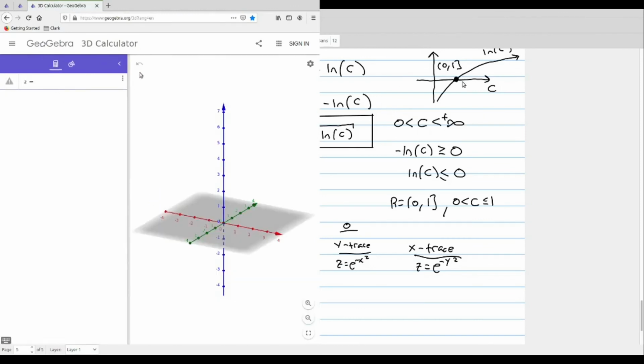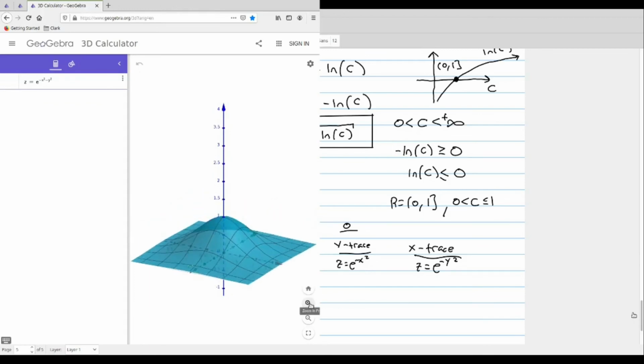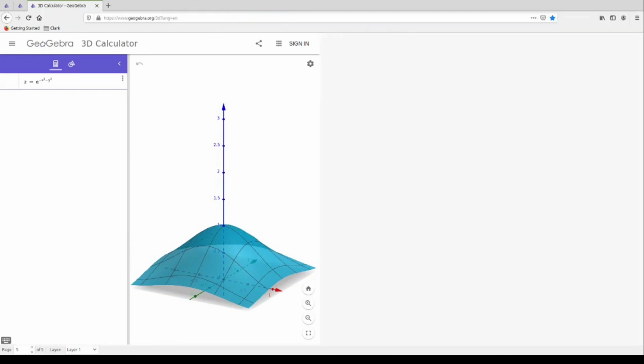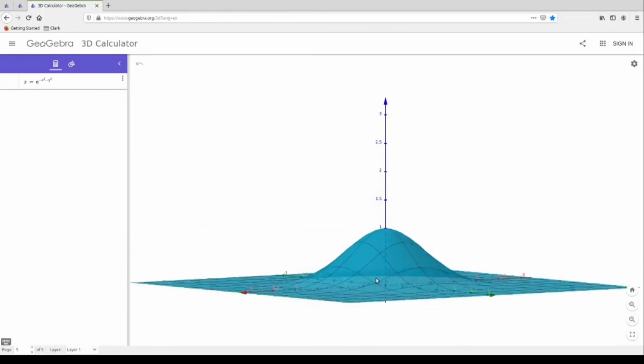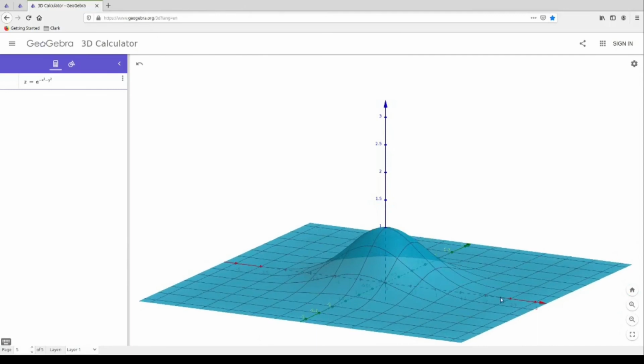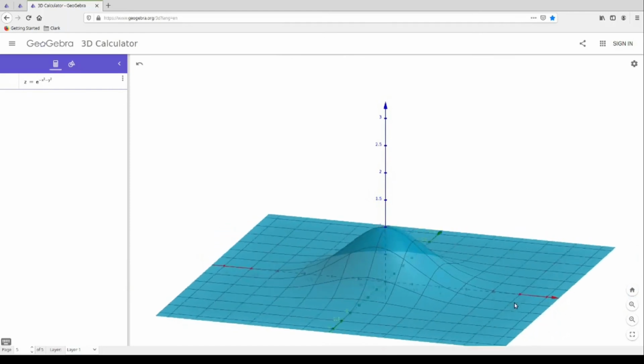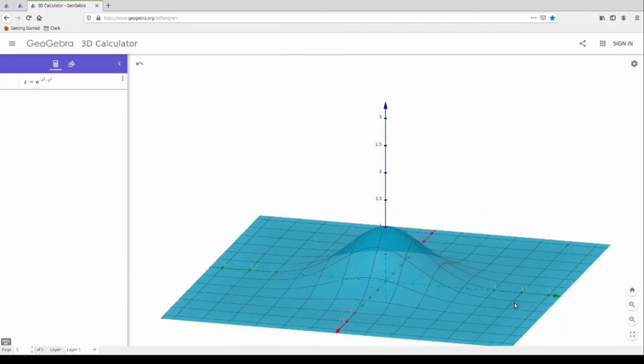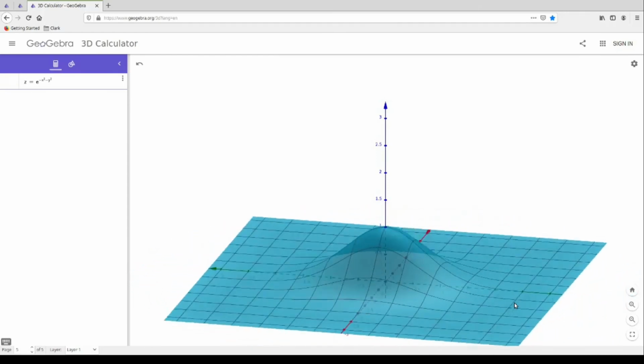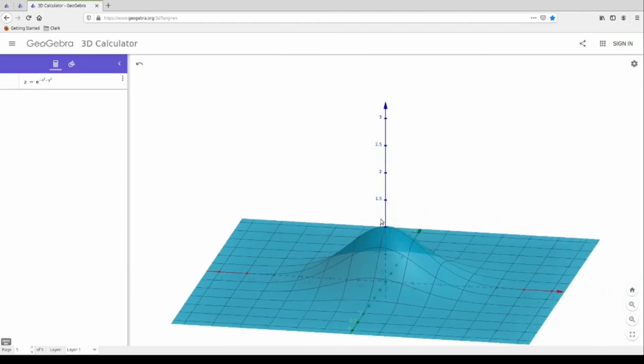Z equals e to the negative x squared minus y squared. And you can hopefully see very clearly now that this is exactly the shape that we get. We get this bump shape, which is the function e to the negative (x squared plus y squared). So this method of traces is a very good method of visualizing, and we can see very clearly that the level curves of this function are exactly what we would expect.